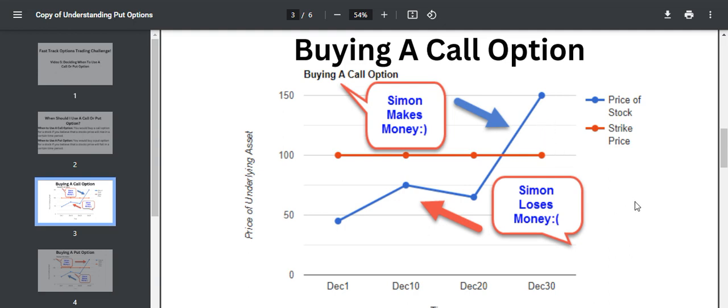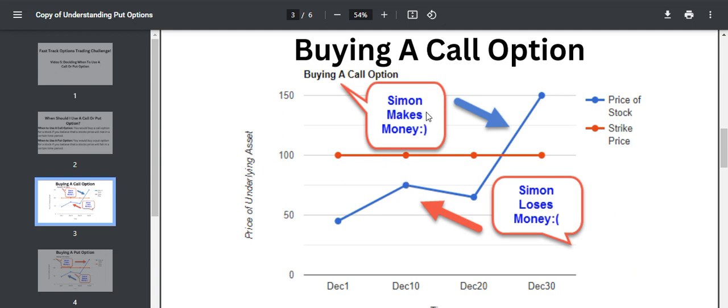When we say it's in the money, it means we've pulled off a positive or profitable options trade, and we can now cash out that option in order to pull our profits. So what Simon can do now is either exercise the option and actually buy those 100 shares controlled by the option and cash them in for a profit, or he can flip the options contract and sell it on the market for a higher premium than what he paid for it.